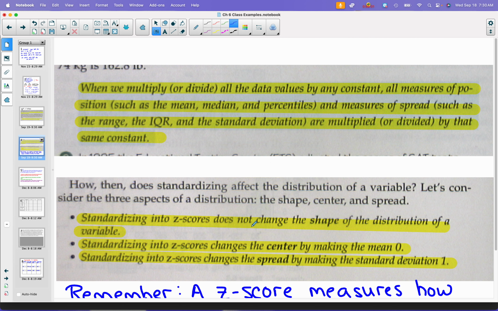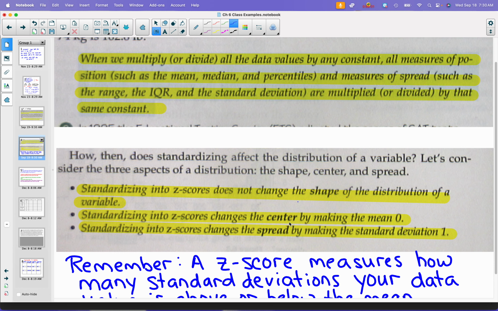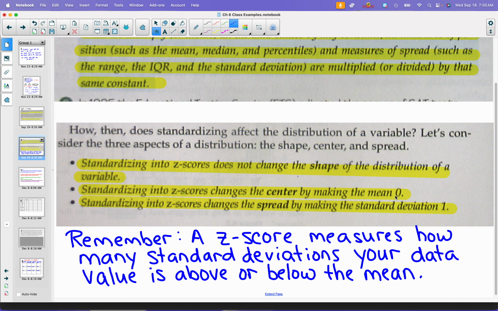The other thing to keep in mind when you standardize into z-scores, which is what I showed you how to do, it does not change the shape of the distribution of a variable. So if I took my ACT scores, my raw scores, and looked at the distribution, and then if I changed it to z-scores, the distribution is going to look the same. What a z-score does is it changes your mean to 0 and it changes your standard deviation to 1.